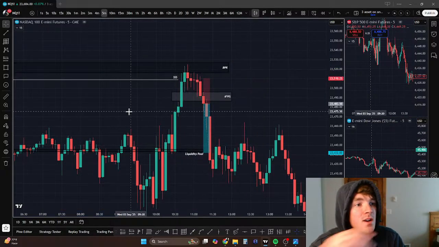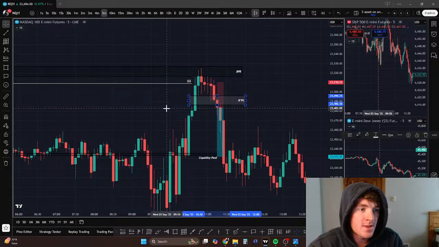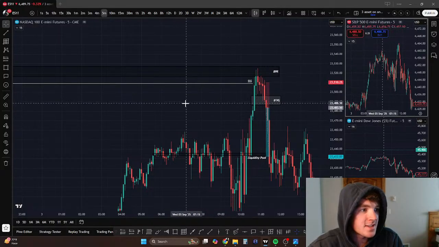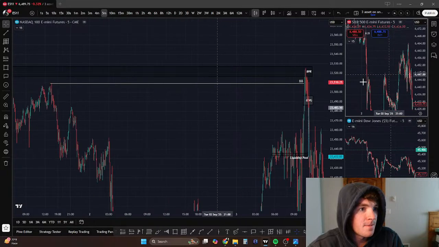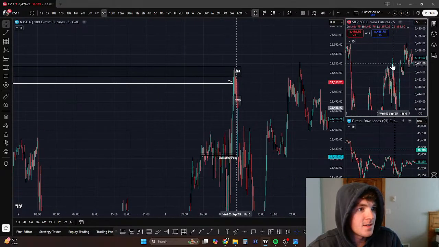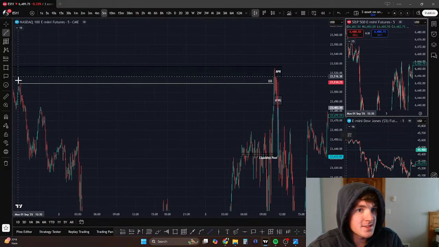So BPR, liquidity sweep, inverse value gap. I'm curious if there's SMT. Yeah, look at this. There's SMT with this high. What about with this high? There's double SMTs. That's crazy, right? See why this is so powerful.